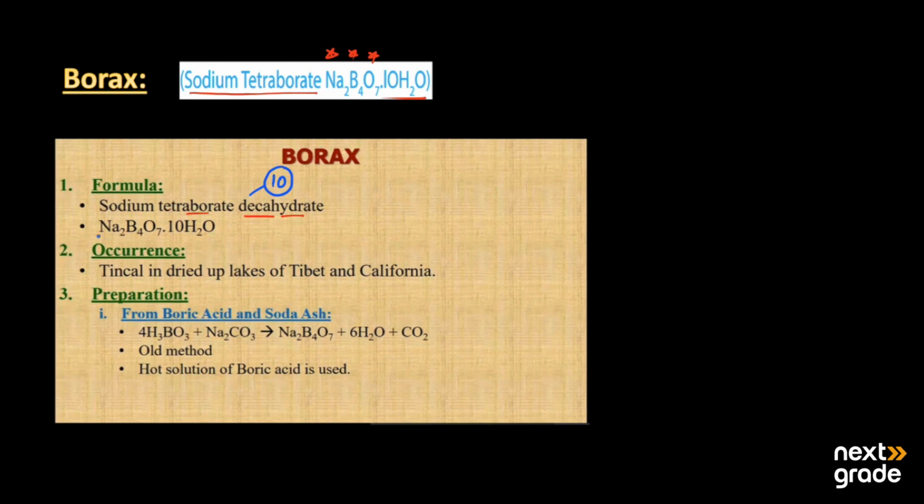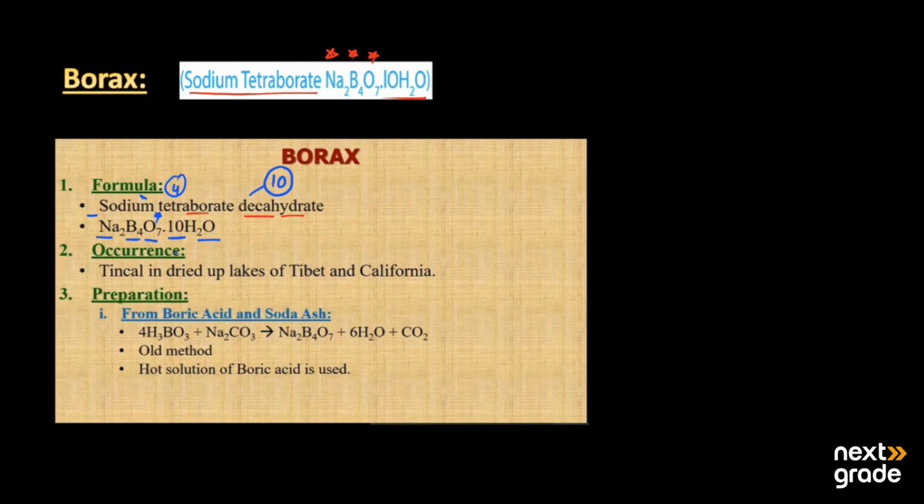Its main formula is Na2B4O7. Na is sodium, tetraborate, tetra means 4, so 4 boron atoms are present with 7 oxygen, and decahydrate means 10 water molecules are present. So this is the simple salt of boron.